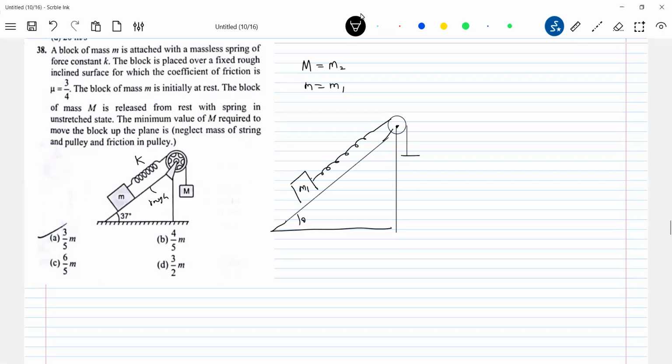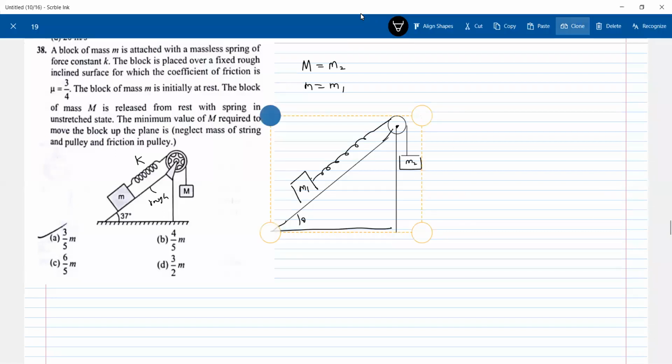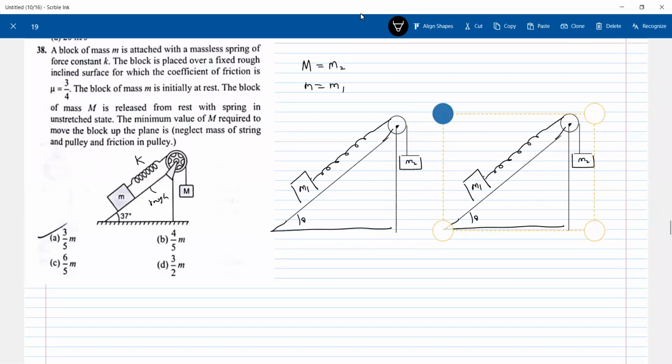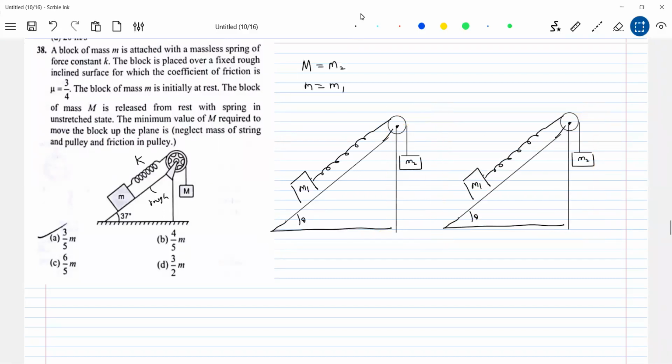So there's the initial diagram. Now what is the state of spring? The block will descend. For the block M1 to shift, tell me what is the necessary condition.